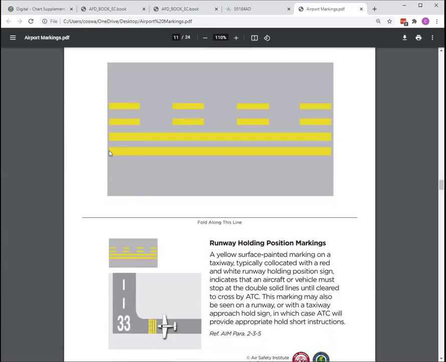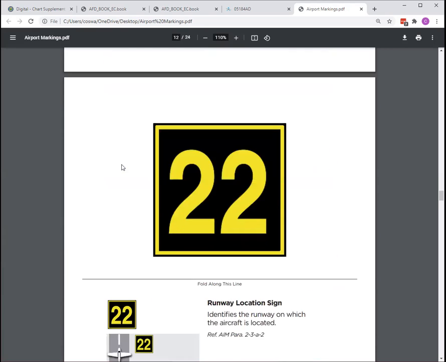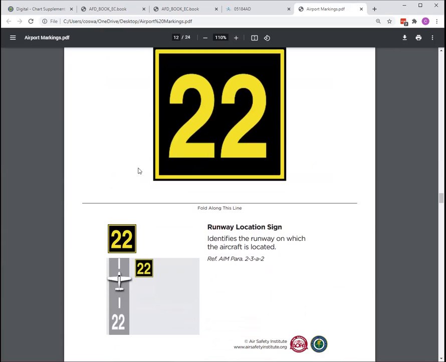The runway holding position markings, we talked about those. Like a taxiway, the runway identifier will be on the runway, and so now this will only tell you which runway you're on, not the other direction. So if you're on runway 26, it's not going to say 26/8. It's going to say 26 for the runway heading that you're going down.